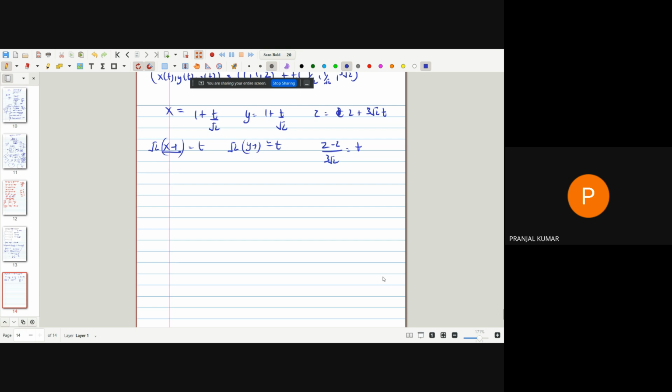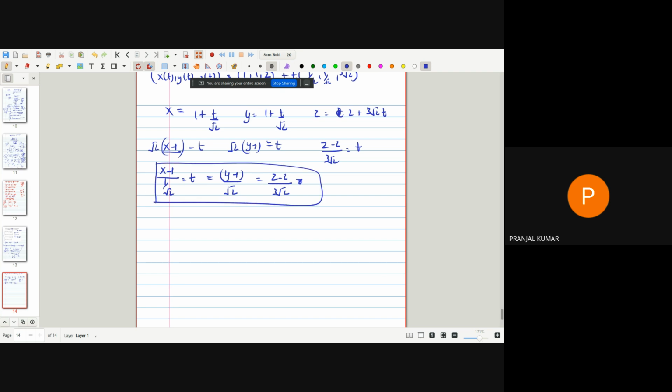Now the thing is, the coefficient of the variables should always be 1. So you will manipulate it: x minus 1 by 1 by square root of 2 is equal to y minus 1 by square root of 2 is equal to z minus 2 by 3 square root of 2 is equal to t. Okay, so you have got your equation.